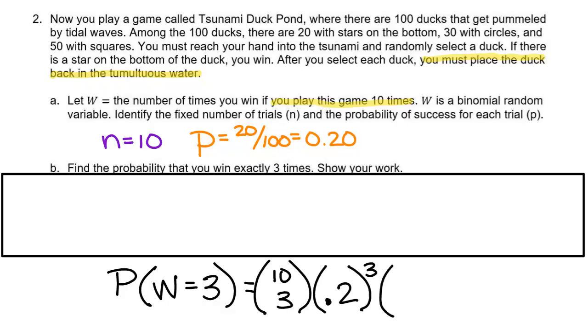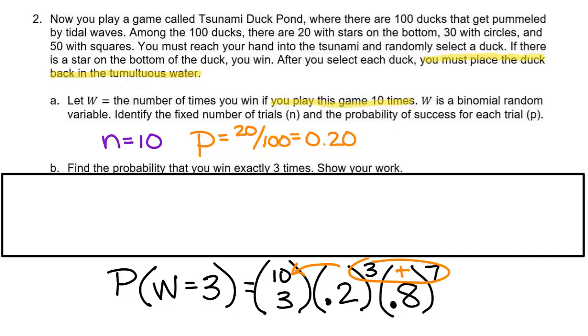Times the probability of failure. What's the probability of failure? 0.8. It's 1 minus 0.2. To the power of 7. Why 7? That's the number of failures. These 2 numbers added together should always give me however many total trials we had.